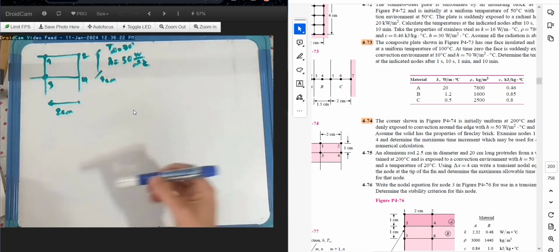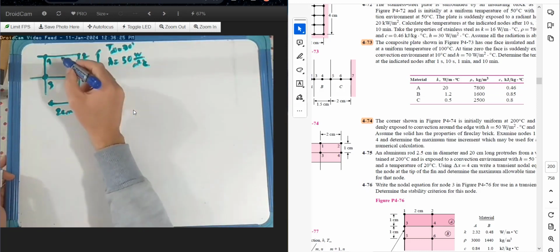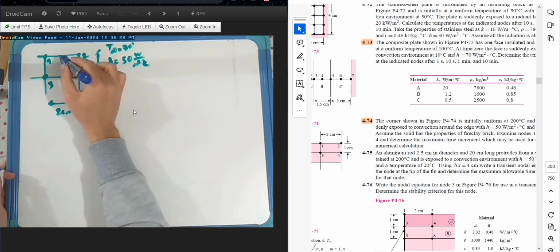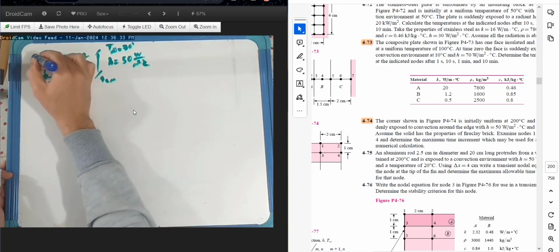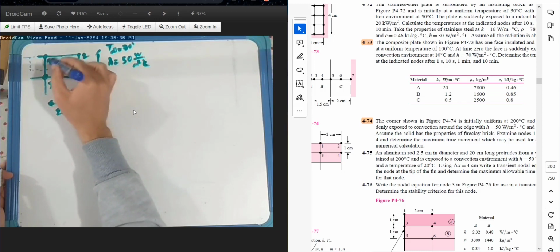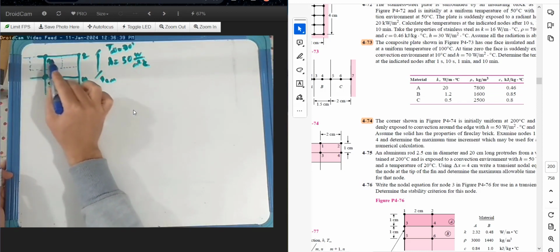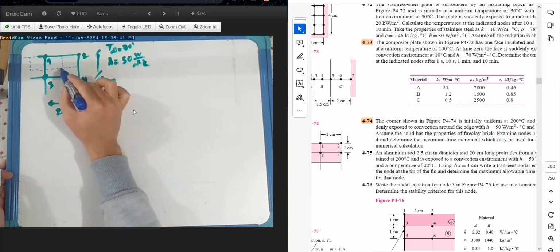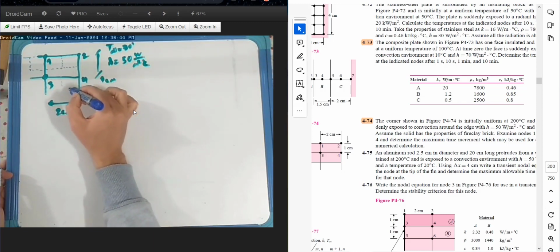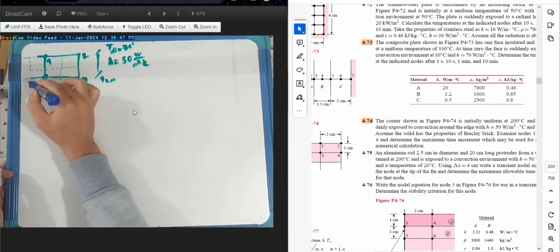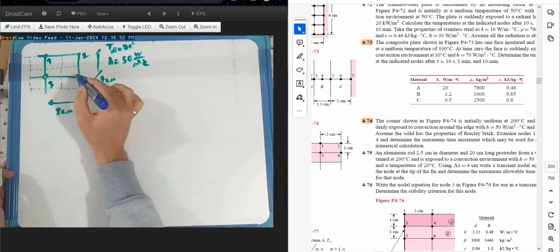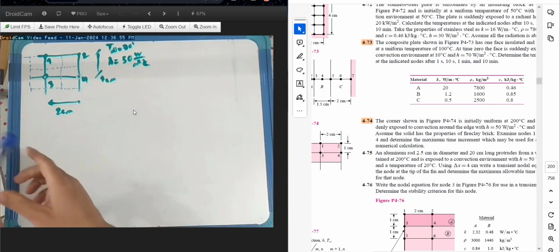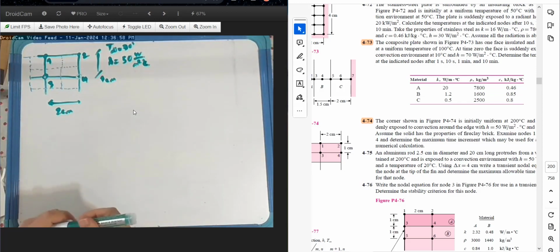To solve this problem we should divide each point in half of this element. This section is 4.1, this section is 4.2, and so on. We have these two sections, 4.3 and 4.4. We want to solve this problem in this situation.